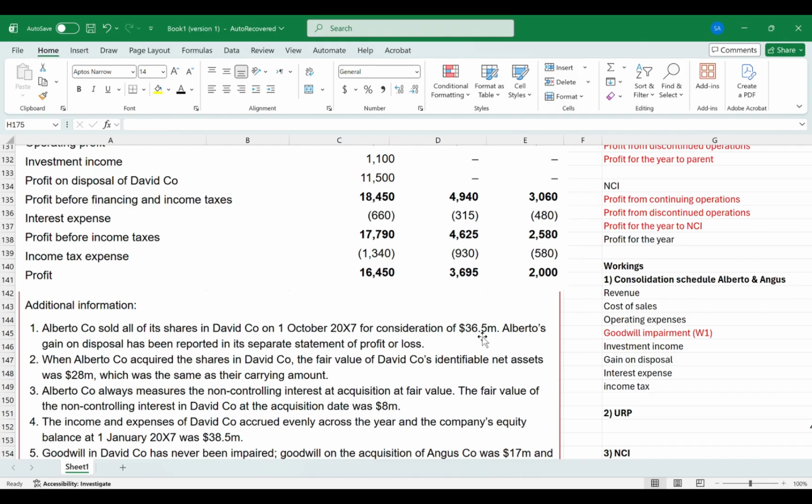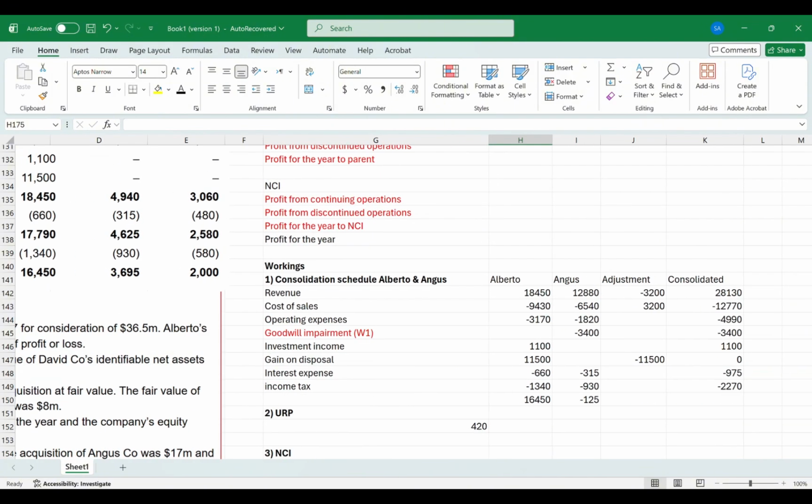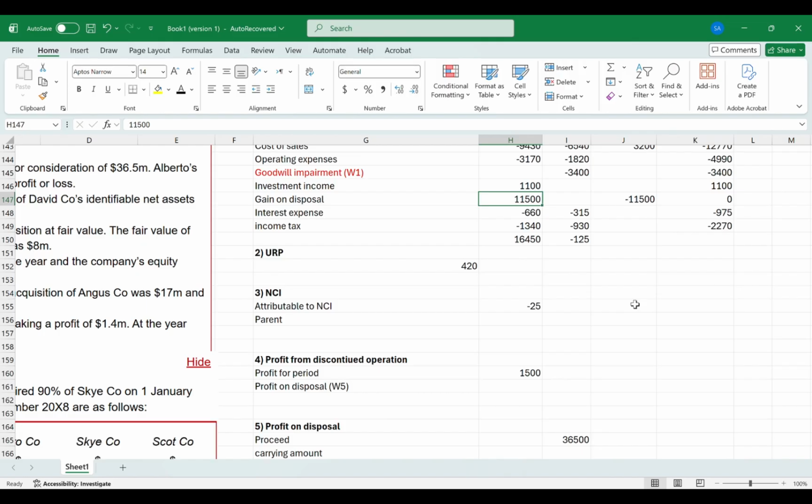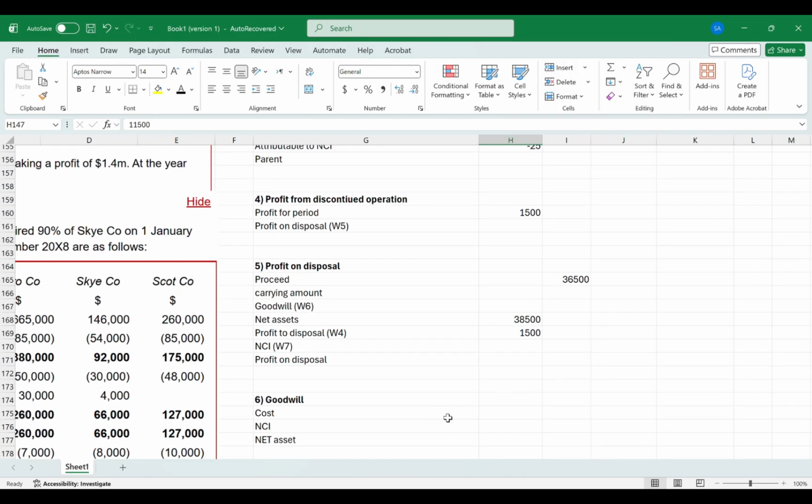That is your cost. You understand? So 36.5 is the cost and 11.5 million. We have just got that 11.5 million. This you have to adjust. You have to deduct from cost when you're calculating goodwill. So it is 36,500 minus 11,500. This is the cost, 25,000.